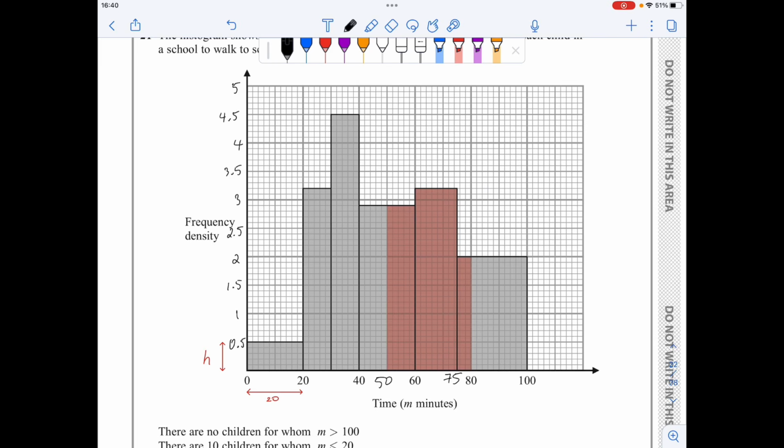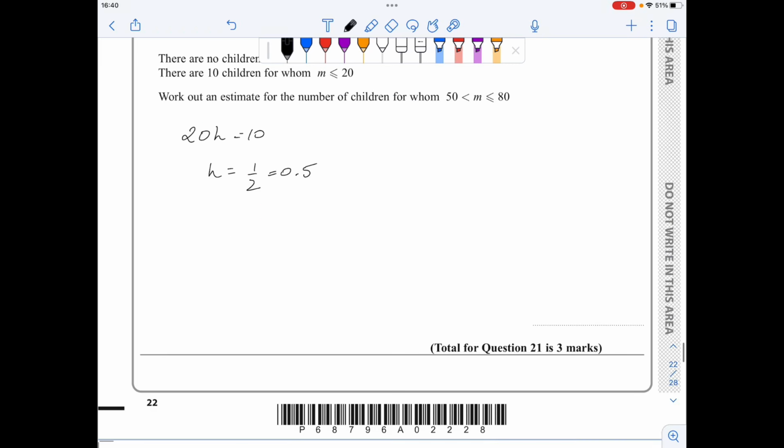The height of the first is 2.9, the height of the second is 3.2, and the height of the last one is 2. So the total area is given by 10 times 2.9 plus 15 times 3.2 plus 5 times 2. And if you put this on the calculator, you will get an answer of 87.